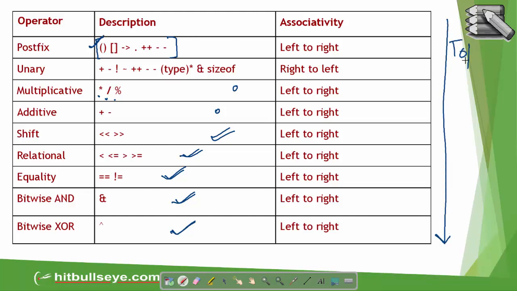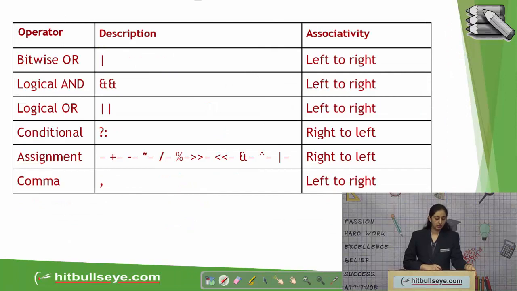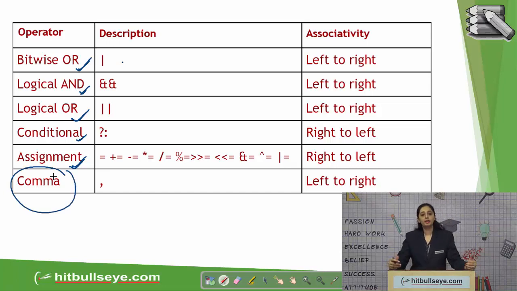The postfix has the topmost priority and the bitwise XOR has the lowest priority, right? Moving further, the bitwise OR, logical AND, logical OR, conditional operator, assignment operators, and lastly the comma operator, which has the lowest priority compared to any other operator.